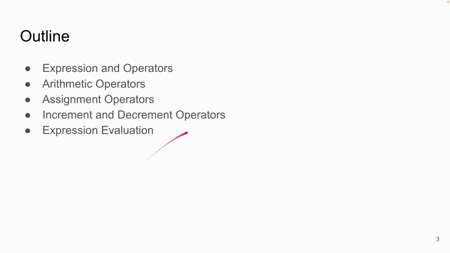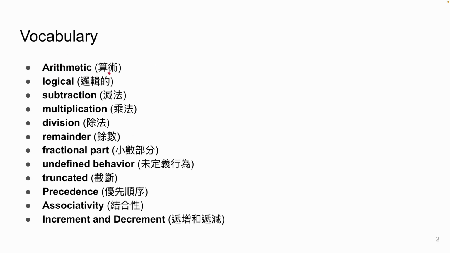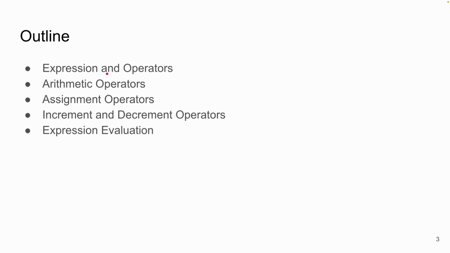Okay, so these are the topics we're gonna cover today. First, I will explain what an expression and an operator are. Then we'll talk about different kinds of operators. The first kind is the arithmetic operator. Then we'll talk about another operator, the assignment operator.